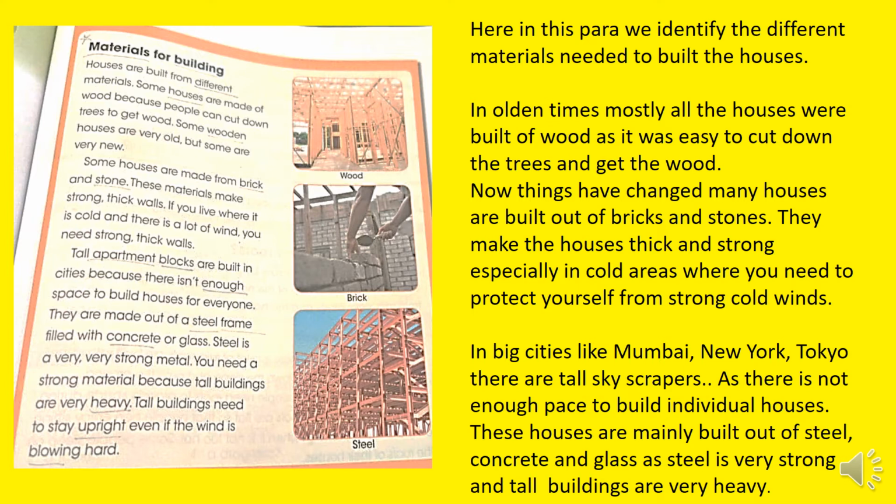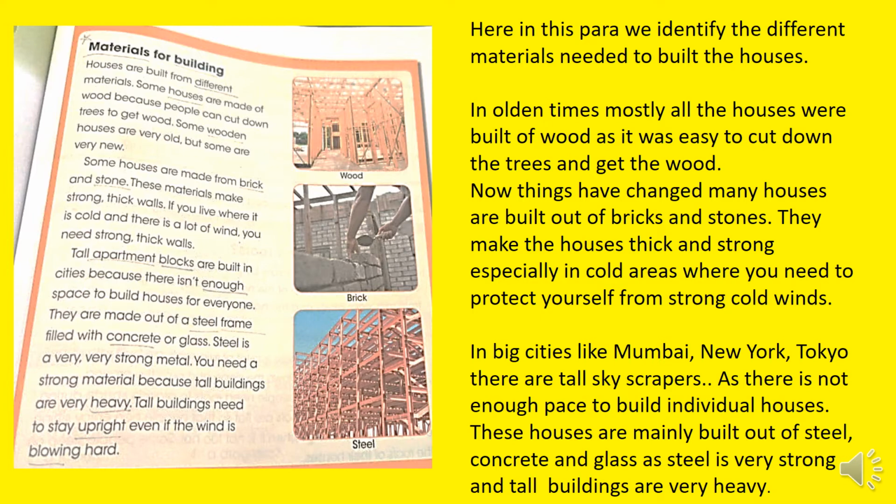The last one, the third picture, you will find there are some houses which are built of bricks and few of them of wood. So, kids, I would like you to read this para at least 2 to 3 times and understand what kind of material is used to build different kinds of houses.